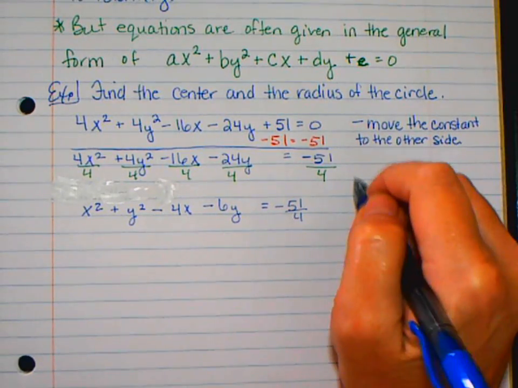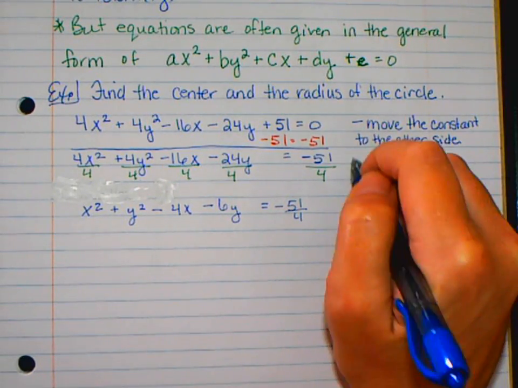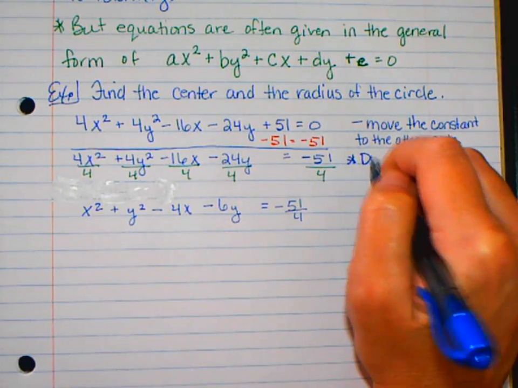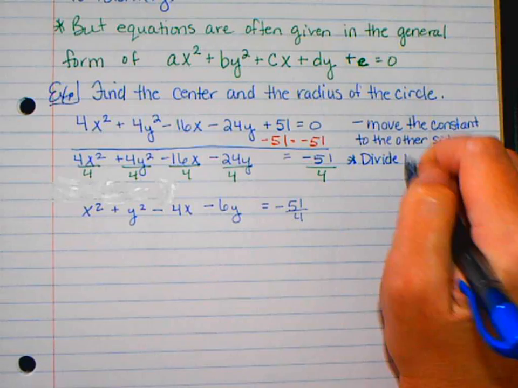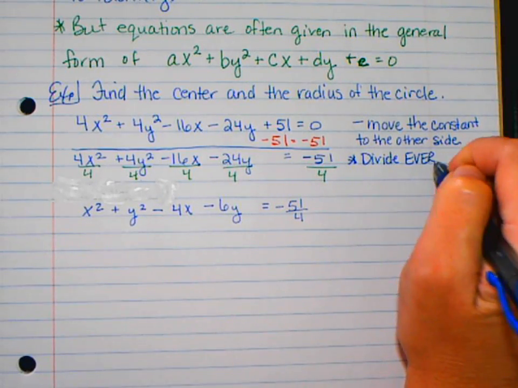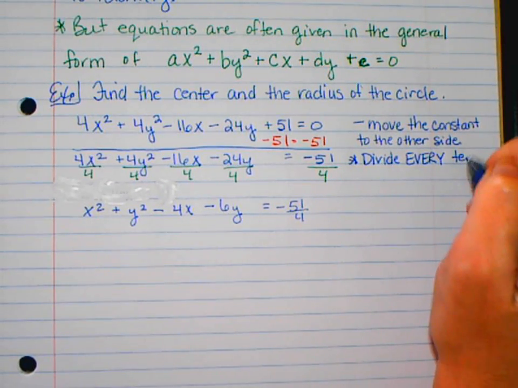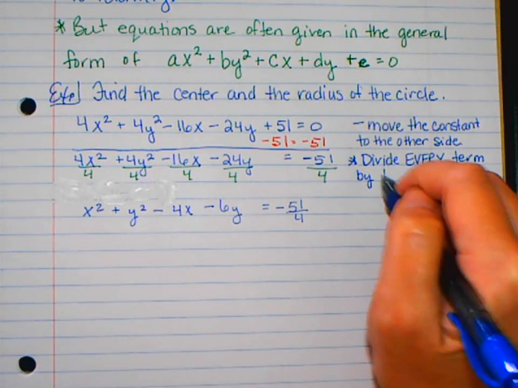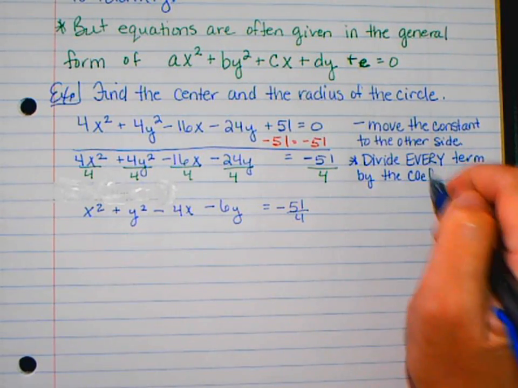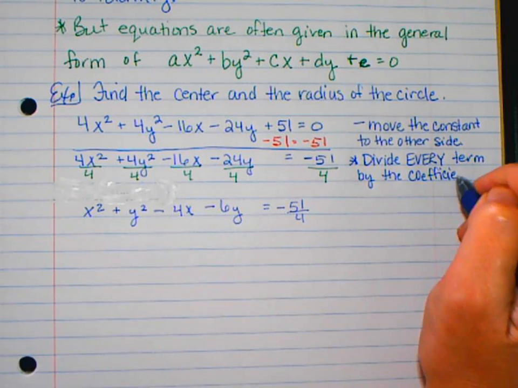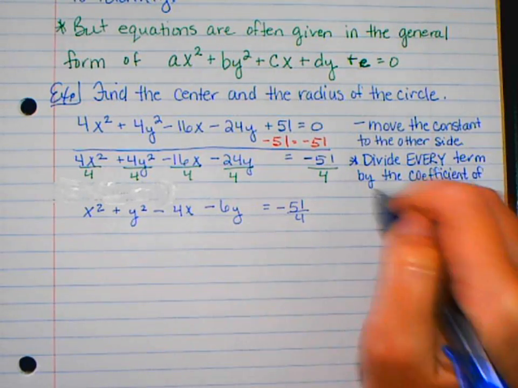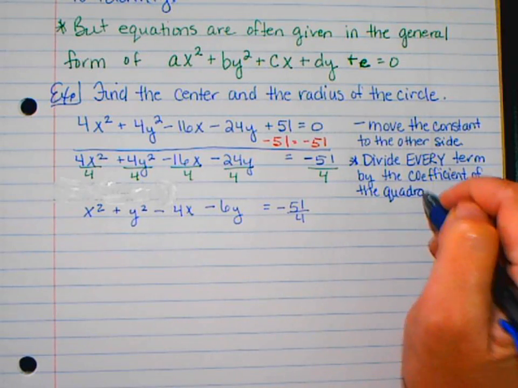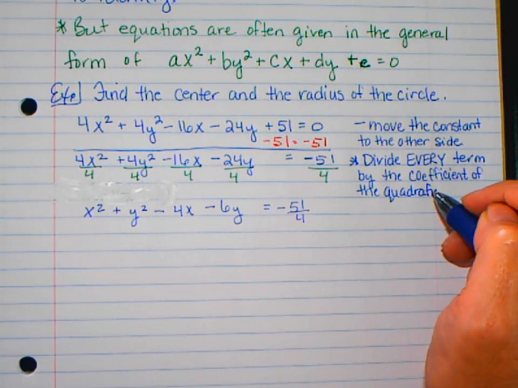Now I need to write my directions. Divide every term, and I mean every term on both sides of the equation. Divide every term by the coefficient of the quadratic terms. Like I said, those will always be the same when you're talking about circles.